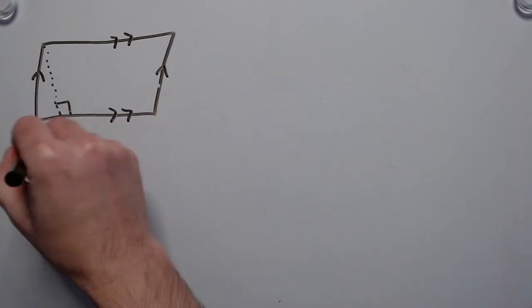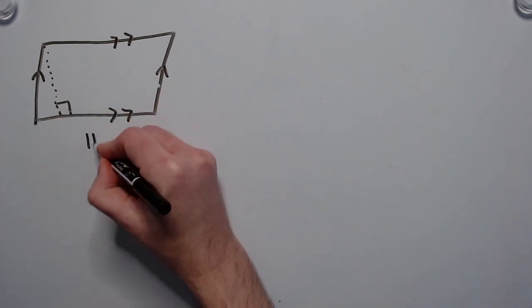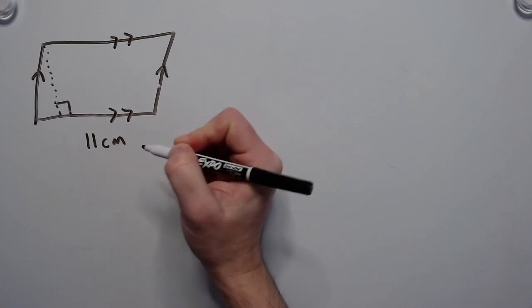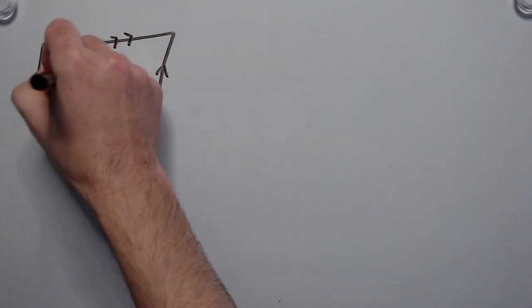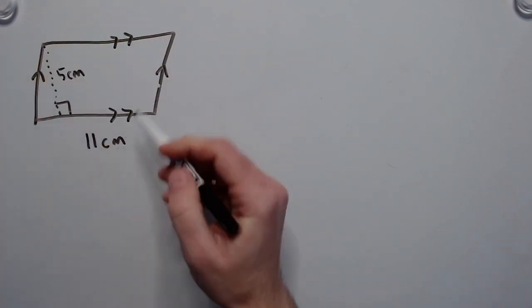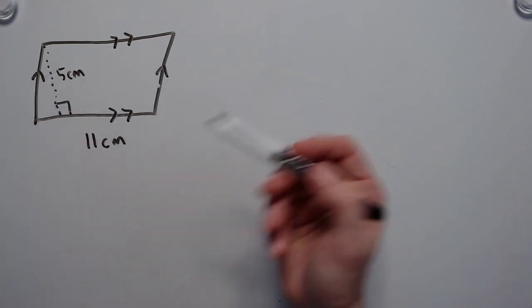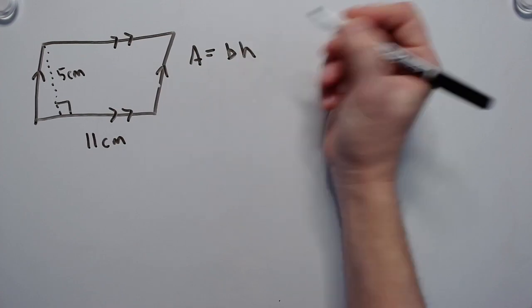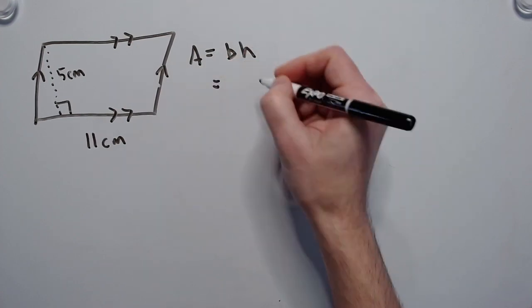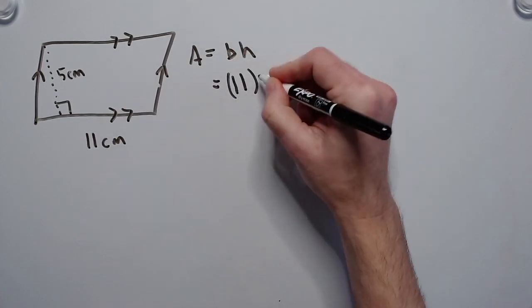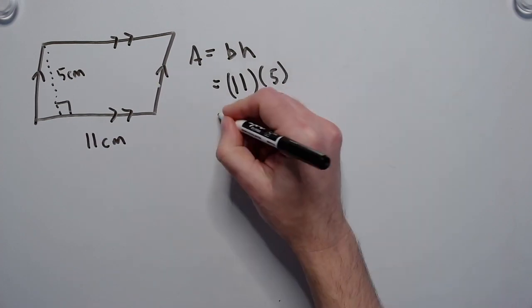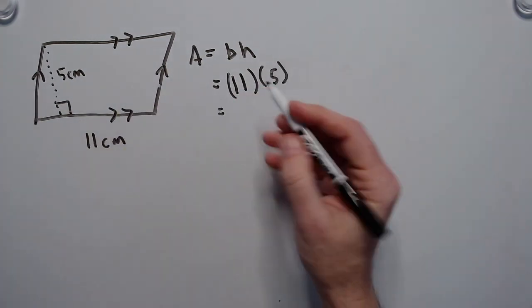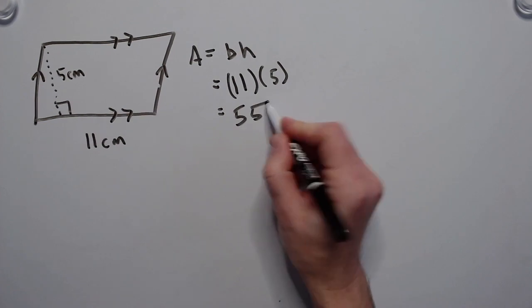And the base of this parallelogram is 11 centimeters, and the height is 5 centimeters. So what is the area of this parallelogram? Well, we know the area is equal to base times height. So the base is 11, and the height is 5. So the area of this parallelogram is 55.